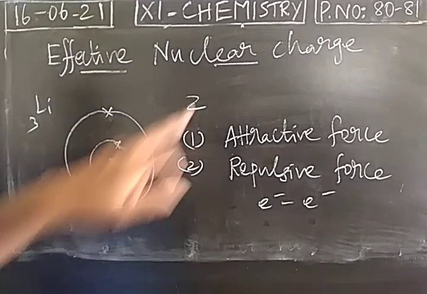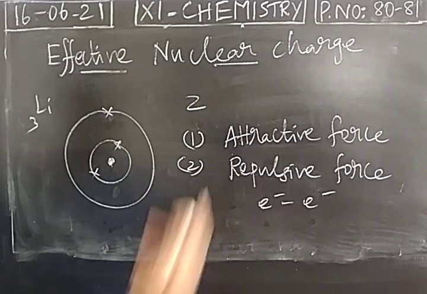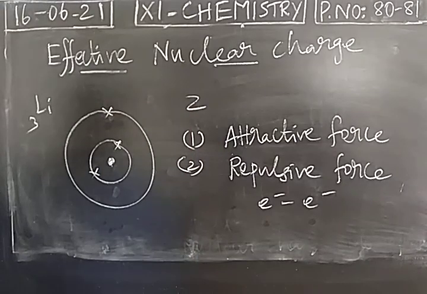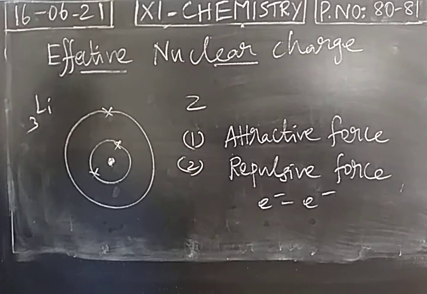Then as I told, nuclear charge means the charge of a nucleus. It is mainly due to the number of protons, and can be represented as atomic number. Atomic number is nothing but the number of protons, or number of electrons in a neutral atom.